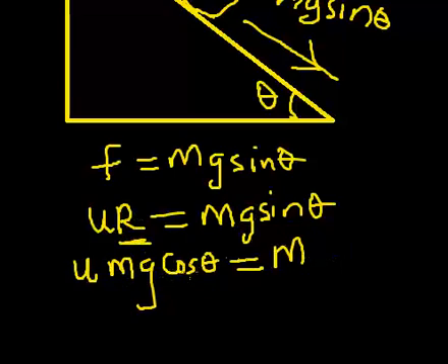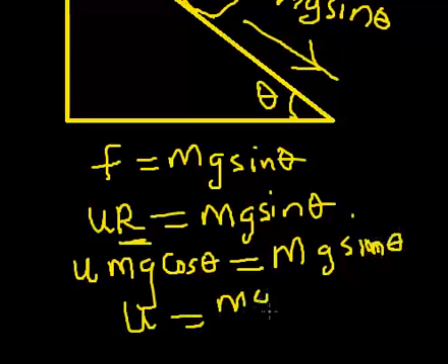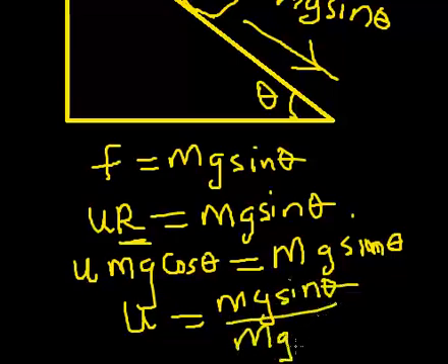So mu mg cos theta is equal to mg sin theta. Remember, the whole idea is for us to get mu. If I make mu the subject, mu equals mg sin theta all over mg cos theta.